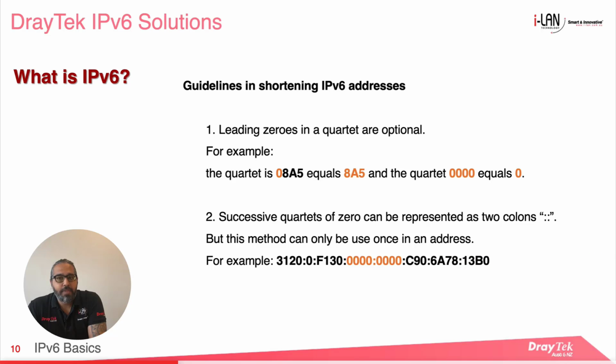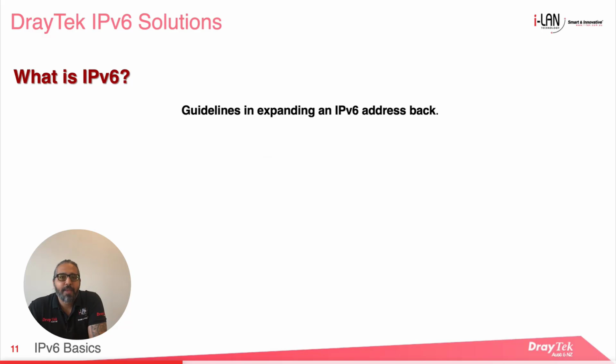For example, here we have 8 zeros in orange. These 8 zeros can be replaced with 2 colons, so it looks like this. To expand IPv6 back to its original format is basically a reversal of the same procedure.